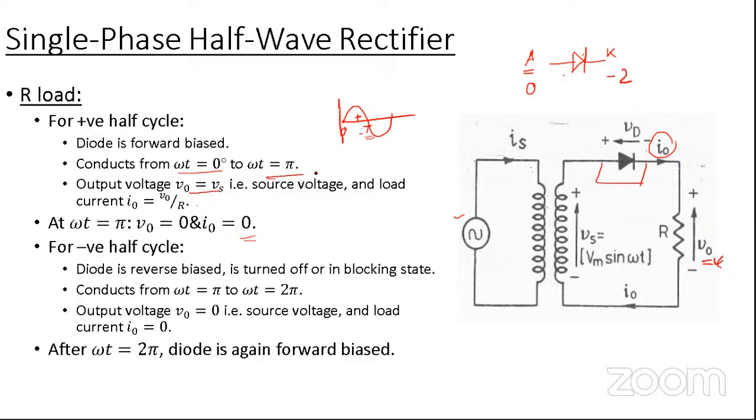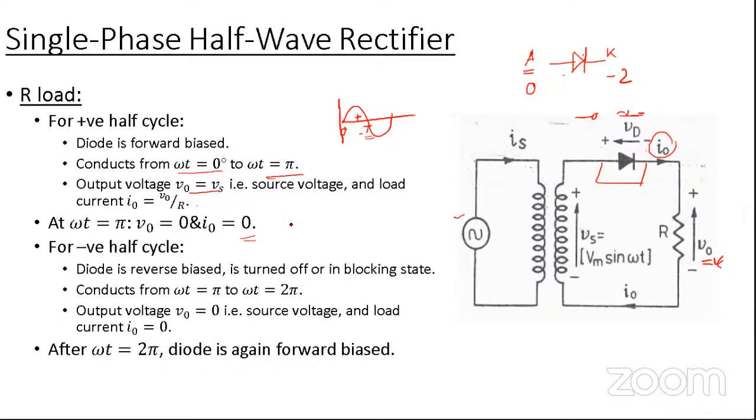In the negative half cycle, what will happen? In the negative half cycle, the anode with respect to the cathode is at lower potential. So the diode will remain off in this negative half cycle. We can consider that path as an open circuit during the negative half cycle.